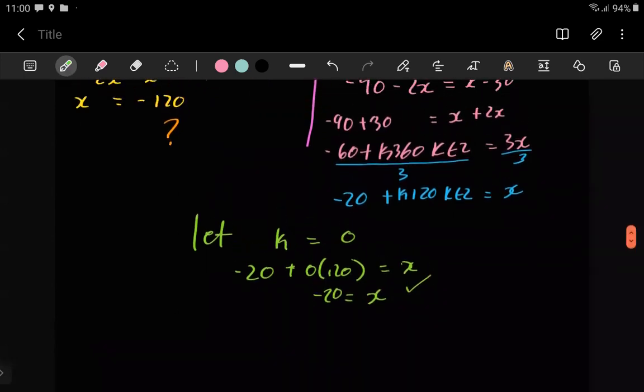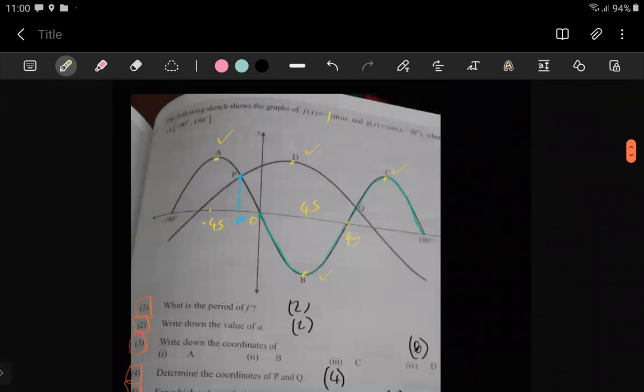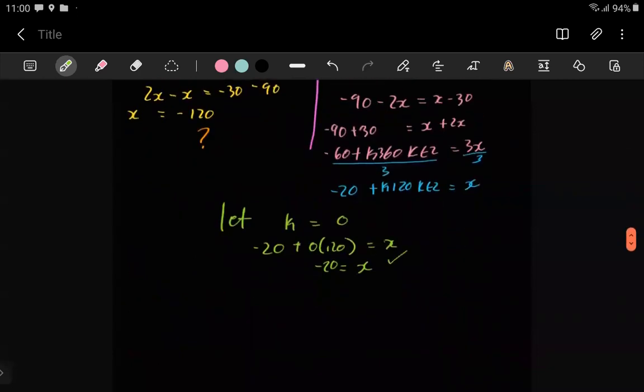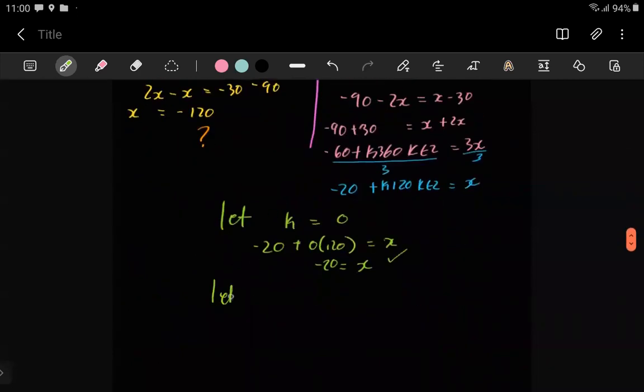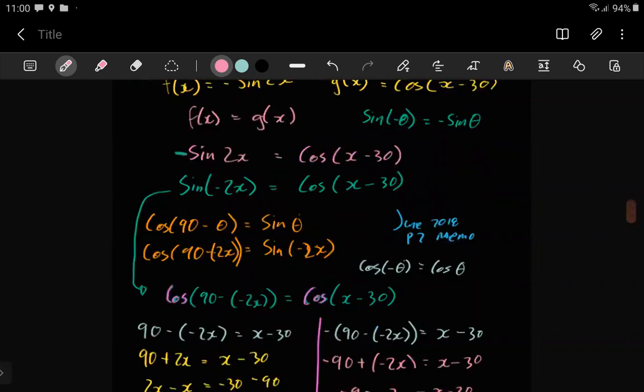For the other answer, you can look at this side and see for yourself, this is a 90. So this is just after a 90. Now to get that, we could say, let k equal to 1. If k is 1, you're going to have negative 20 plus 1 times 120 equal to x. Then you're going to have positive 100 equal to x. And yes, that is definitely valid.